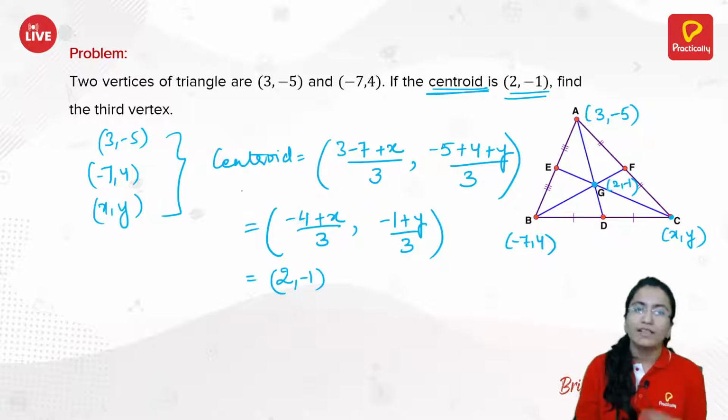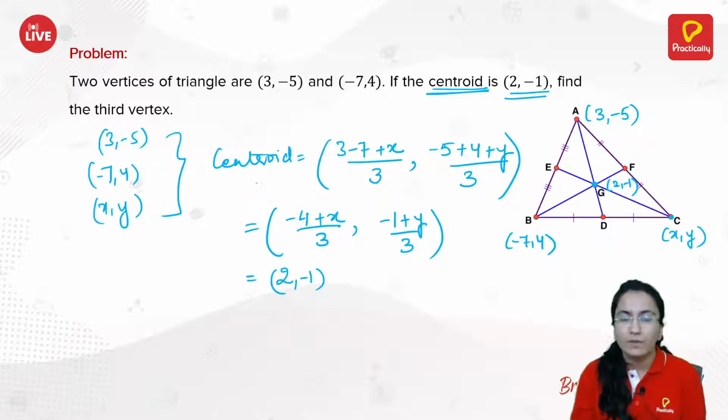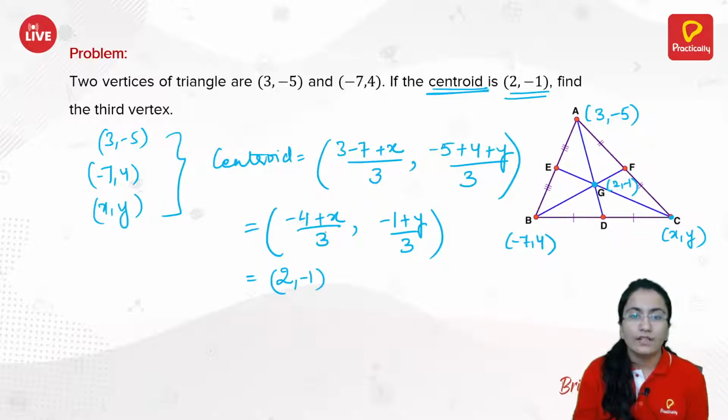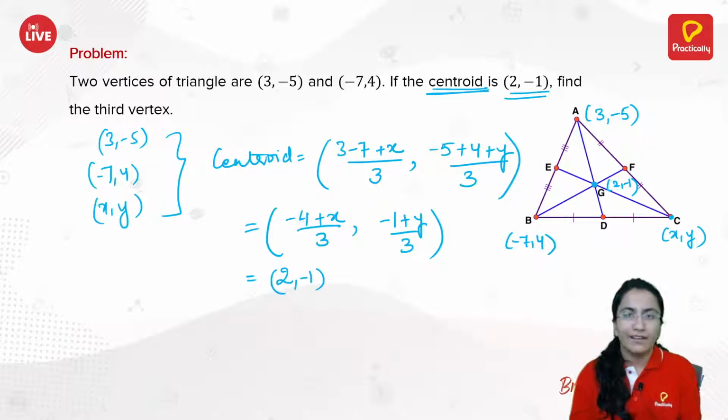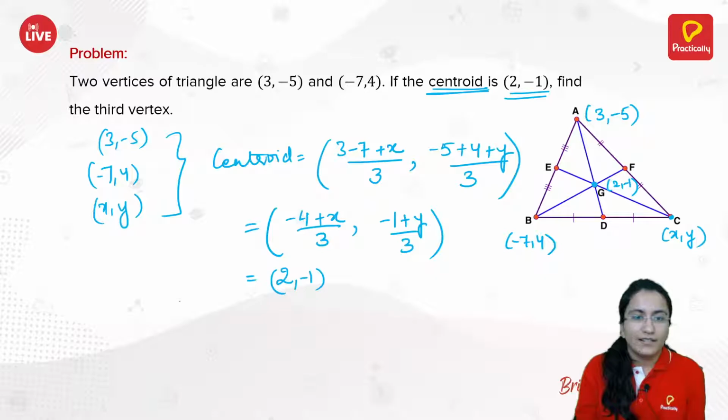You have calculated the coordinates of centroid using the 3 vertices, and these coordinates are given to you as 2 comma minus 1. So just compare both, you will get the value of x and y, and write it into the ordered pair. That will be the coordinates of the third vertex. So let's calculate.